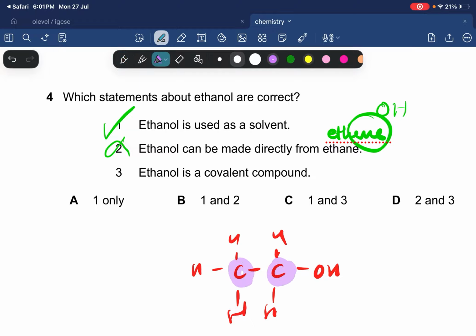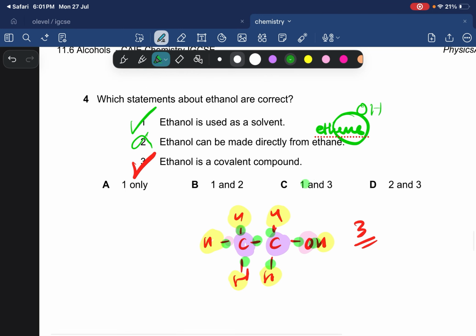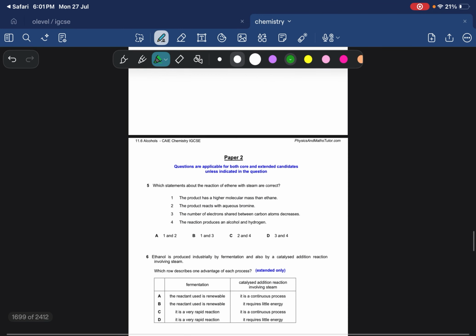Firstly, carbons, then hydrogens, and then oxygens. So we're dealing with 3 different types of atoms. Yeah, it's going to be a compound, and it's covalent, because look, we have 1, 2, 3, 4, 5, 6, 7, and 8 covalent bonds here. So 1 and 3 are correct.